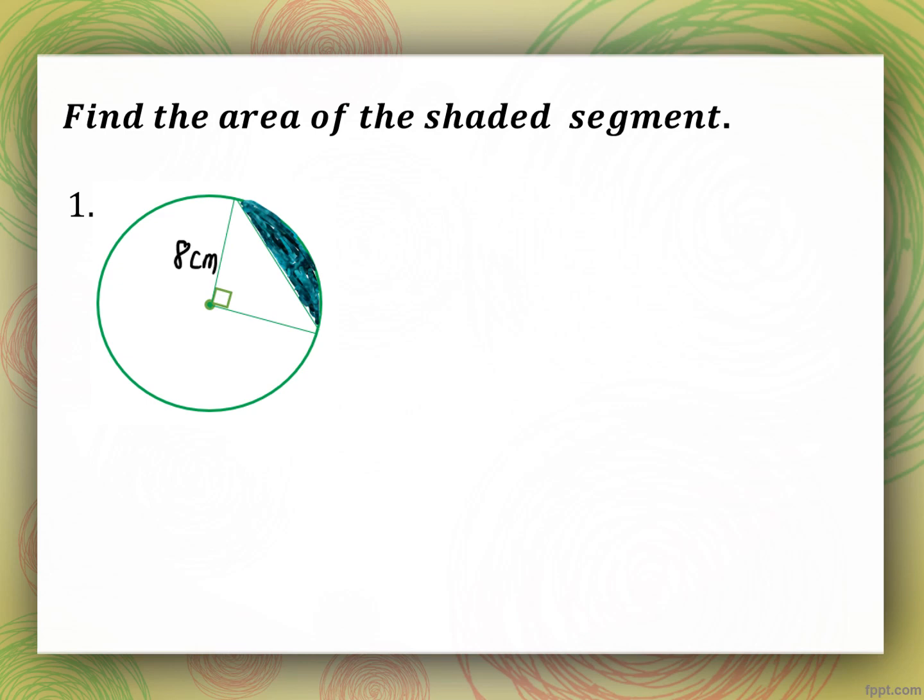Okay, so let's solve. If you remember the formula that I have just shown you a while ago, which is sector area minus area of a triangle, we will follow this one. So to solve for sector area, let's recall, degree measure of the arc divided by 360.